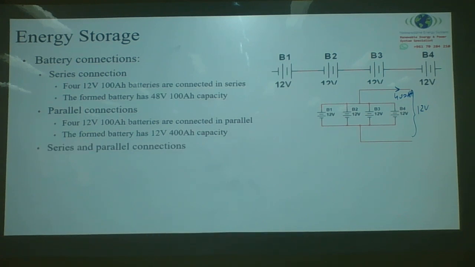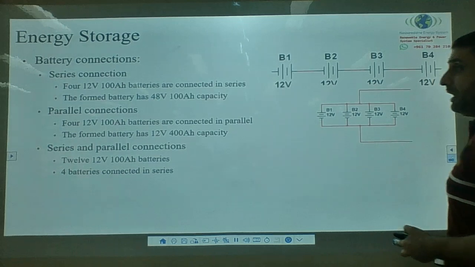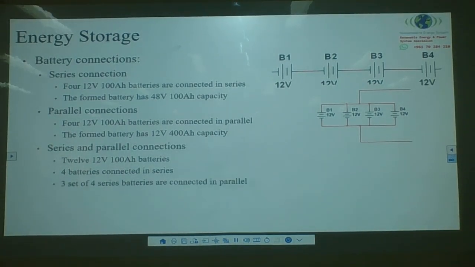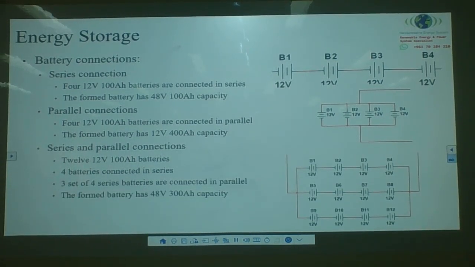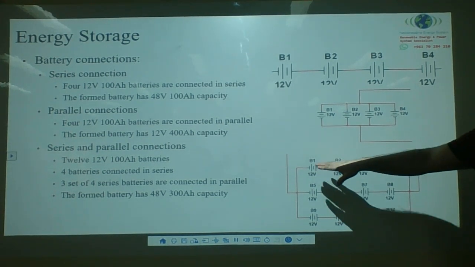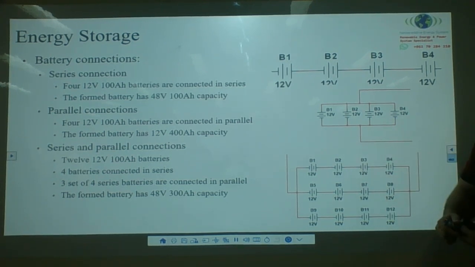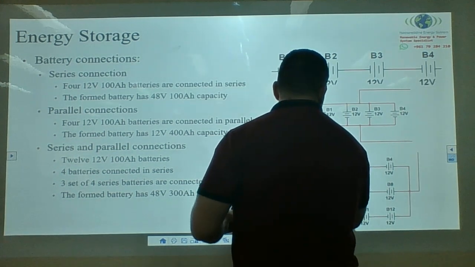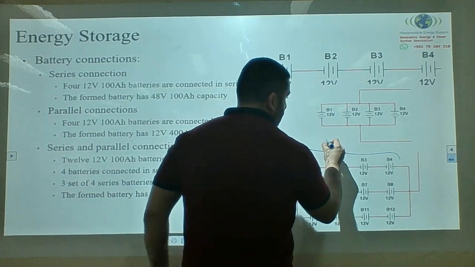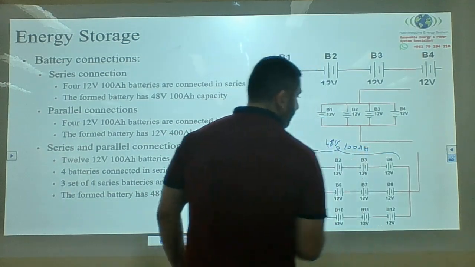If I connect in series and parallel to make a bigger system, let's say I have 4 batteries, 12 volt, connected in series, then I have 3 rows of them. So the first 4 is 48 volt, 100 amp hour.